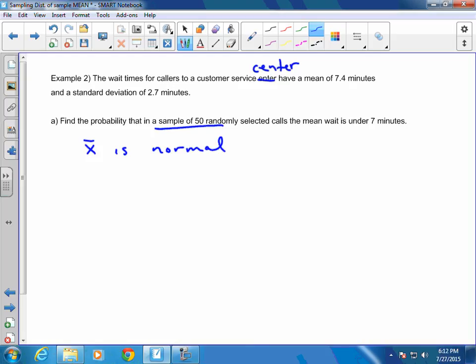So I jot this down as notes in the beginning. Really, I'm basically setting up, here's my sampling distribution and my sample mean. X bar is normal because the sample size is 30 or more. The mean of my sample mean is going to be that population mean of 7.4 minutes.